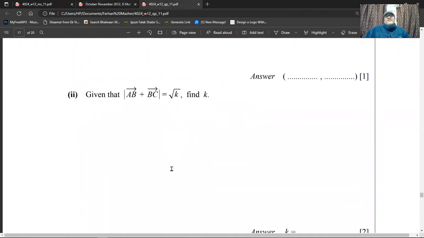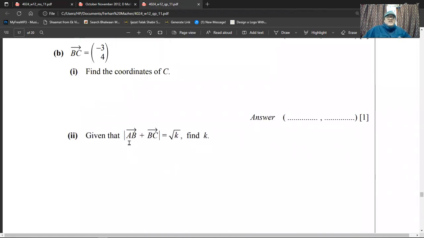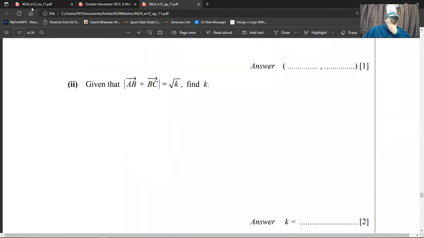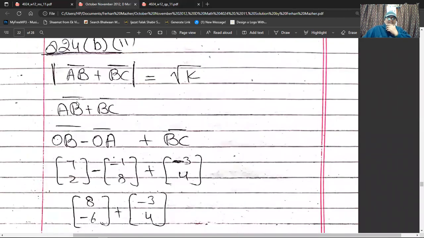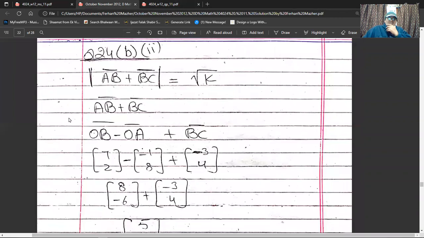Then the question is: given that the magnitude of AB plus BC is √k, find the k value. It's a 2 marks question. Okay, so I know AB and I know BC. First of all, I will find out what AB plus BC is. AB I don't know, so according to the position vector formula, OA plus AB is equal to OB.